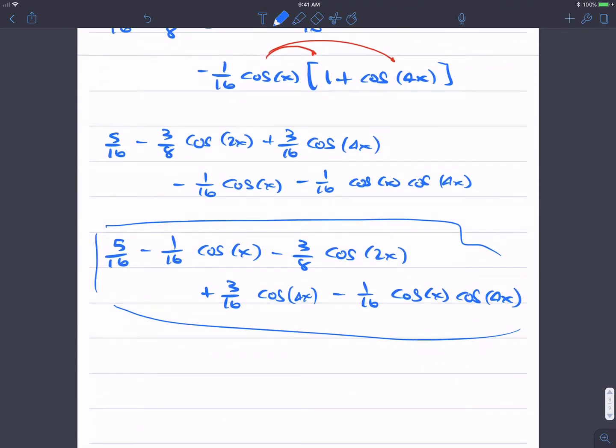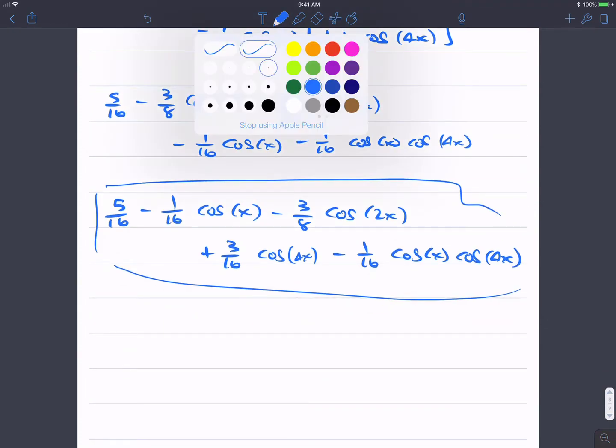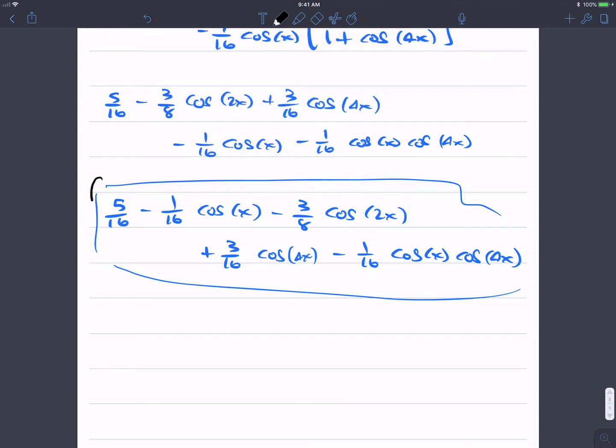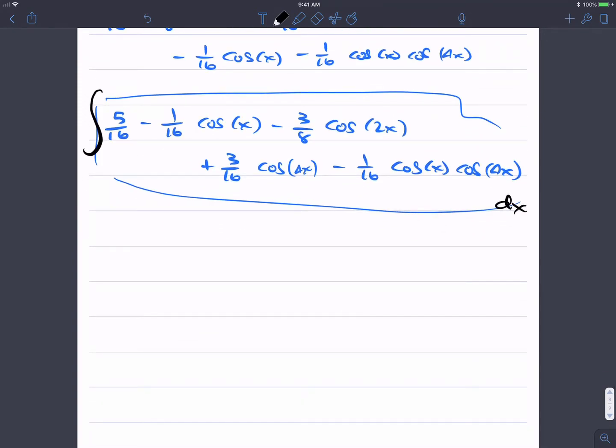Okay, so as you guys know, we're supposed to integrate. In other words, I'm supposed to integrate this whole thing. And what happens now is I'm going to write this down here. You're going to get this. Let's kind of use properties of integration now. That'll be 5/16. Let's go back. My constant 5/16 I integrate with respect to dx, minus 1/16, I integrate a cosine.